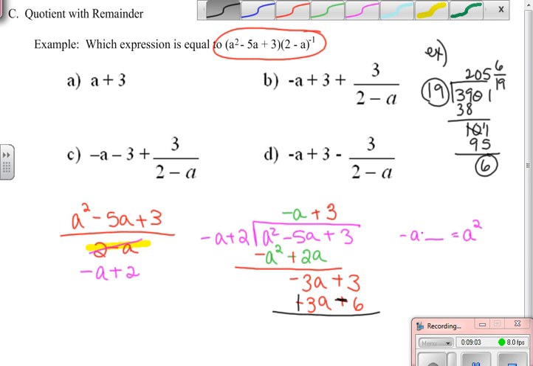So I have 0, I have negative 3. Now, there are no more numbers to bring down, so this is really my remainder. And I'm going to make that a fraction, and so I'm going to say plus negative 3 over negative a plus 2.